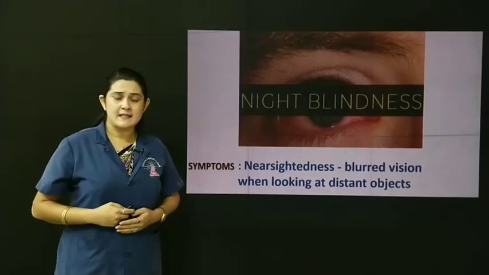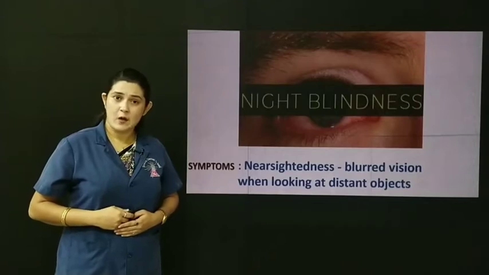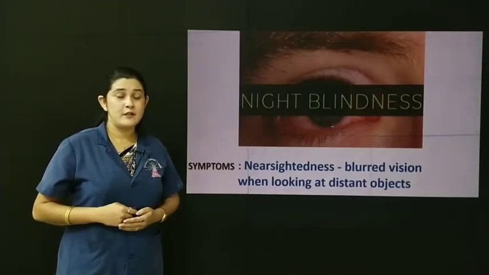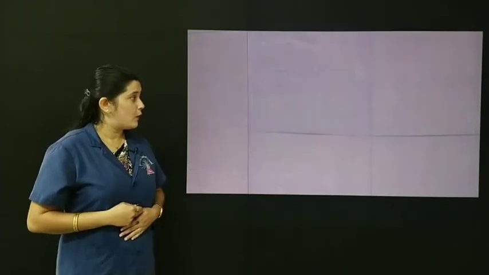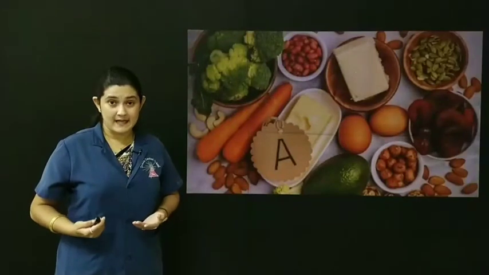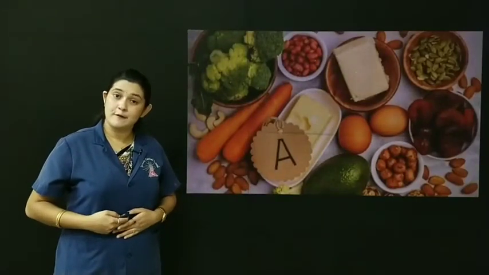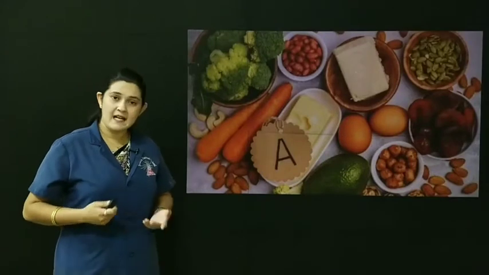How is night blindness caused? It is caused when there is deficiency of vitamin A in our food. So, the person suffering from night blindness should take food that is rich in vitamin A, that is carrots, nuts, eggs and so on.